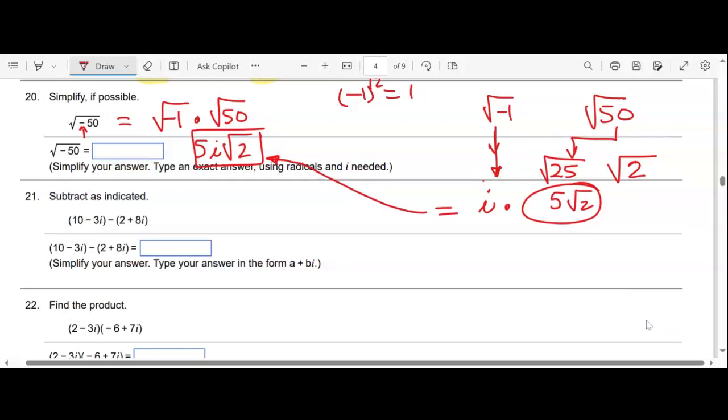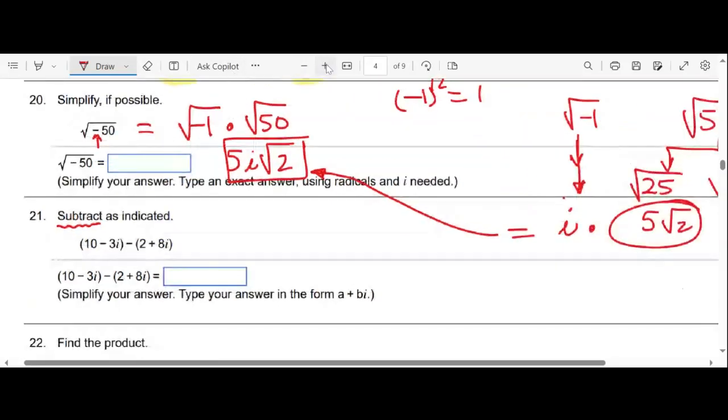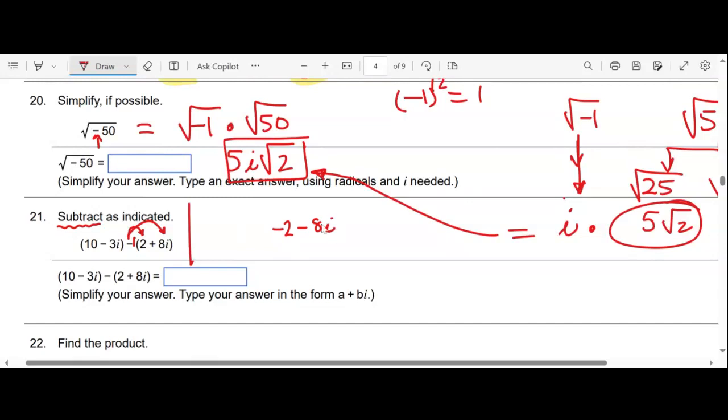Number 21. Subtract. Now we're doing subtraction. Before we were doing multiplication and division. I have negative here, right? Imagine there is 1 here. So negative 1 has to distribute how many times? So your answer will be negative 2, negative 8i.